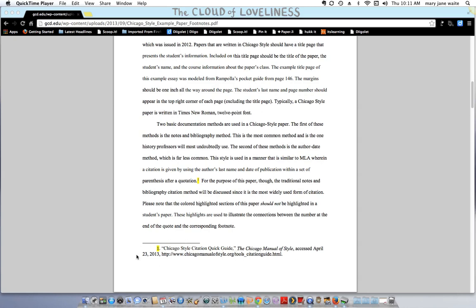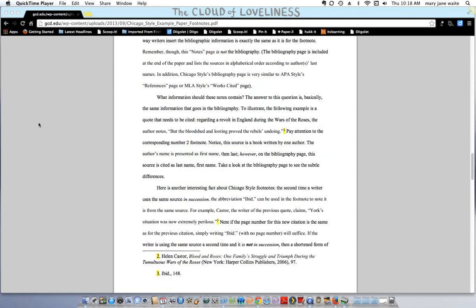As you get more familiar with using footnotes and citing sources, you'll begin to understand where the information comes from. Let's look at another page where we have examples of continued footnotes. All right, let's look at number 2. This is just a quotation that is being cited.